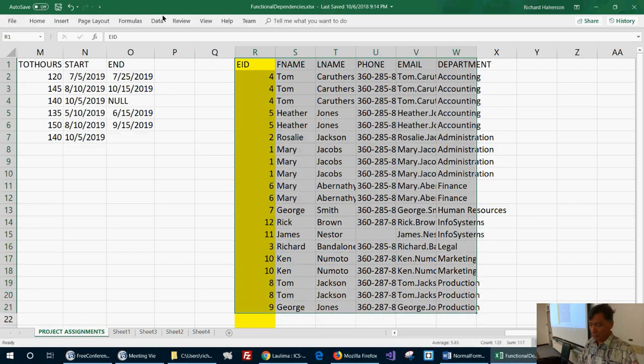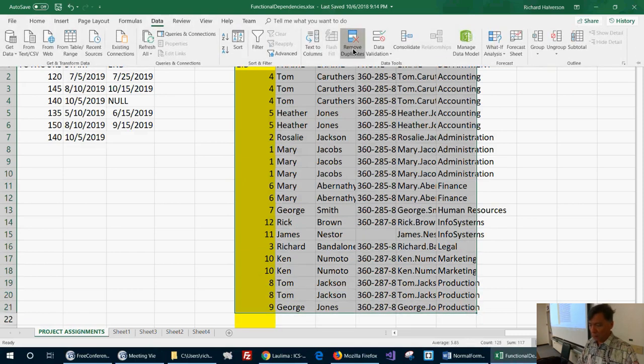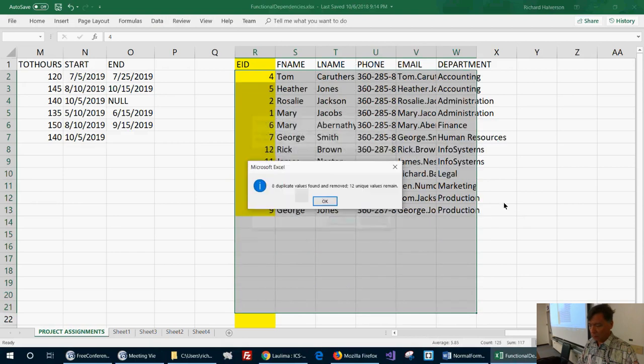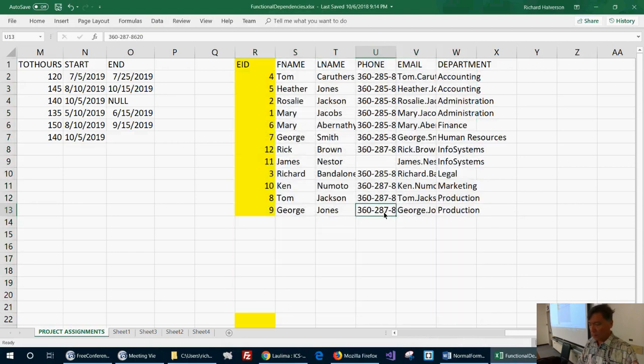So let's take the duplicates out. Data, remove duplicates, and we end up with just this. Now this is in first normal form because there are no duplicates. It's in second normal form because every non-key attribute depends completely on the key.